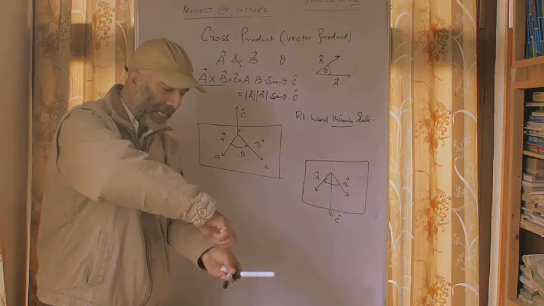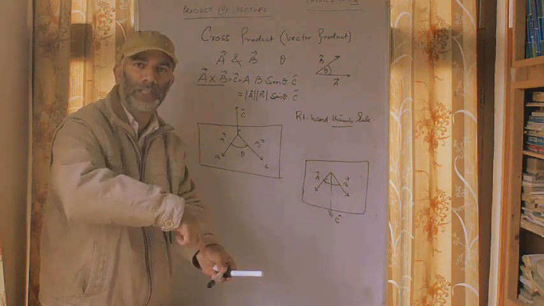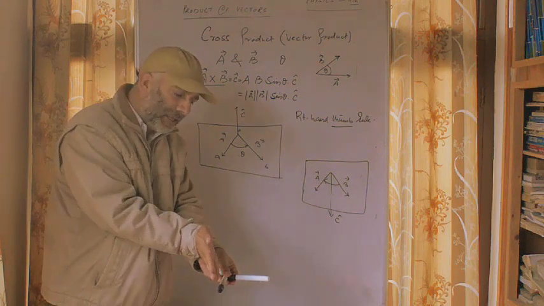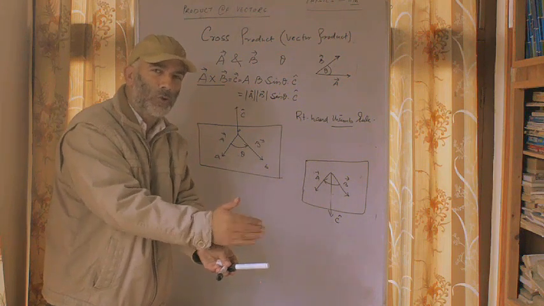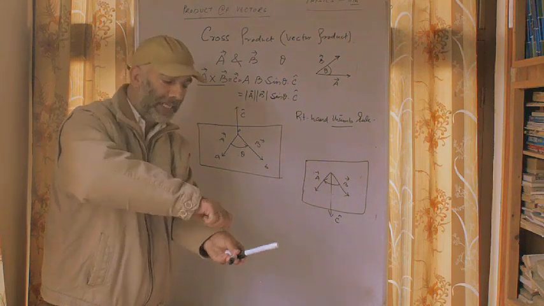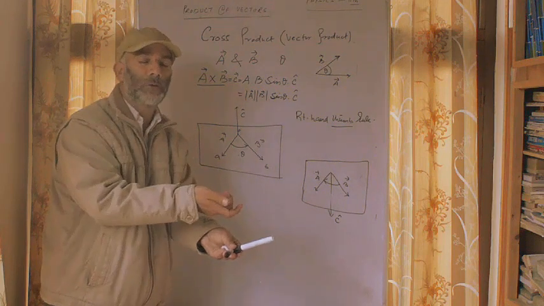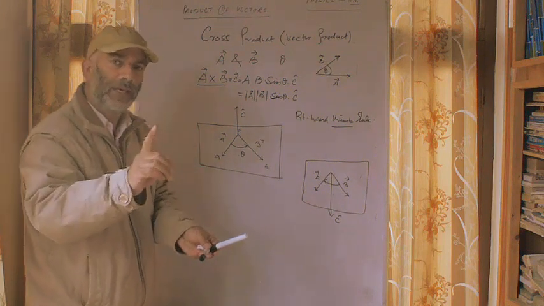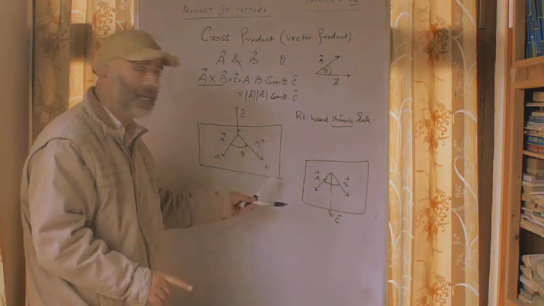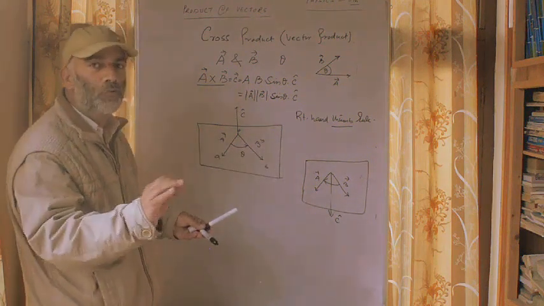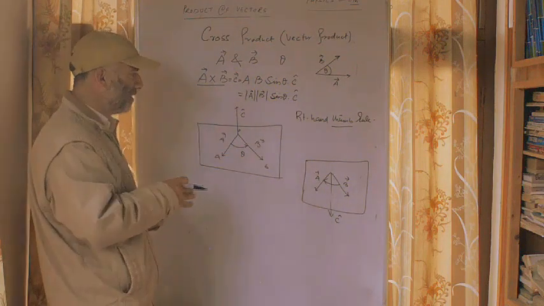Exactly. If a screw is held perpendicular to the plane containing the two vectors and the screw is rotated in the sense in which direction we are going to multiply the two vectors, then the sense of rotation of the screw gives the direction of the resultant. In that case it is also perpendicular to the plane containing the two vectors. But one difference is there.